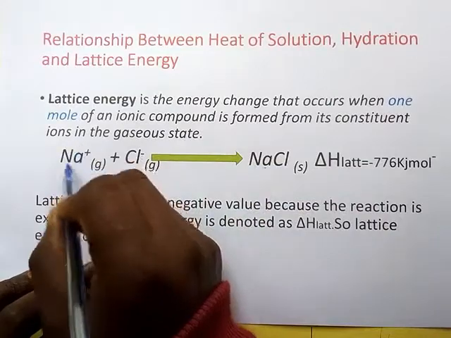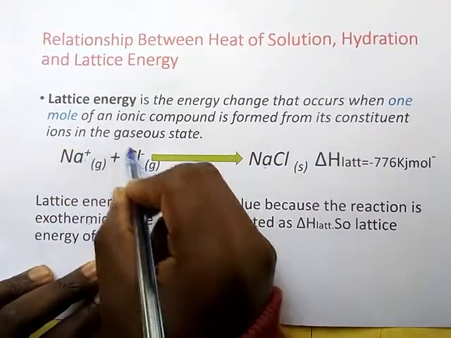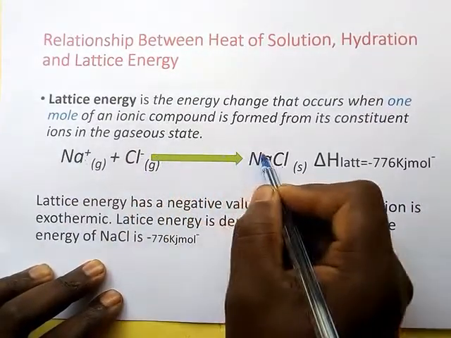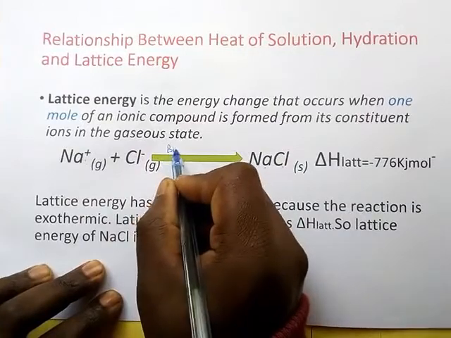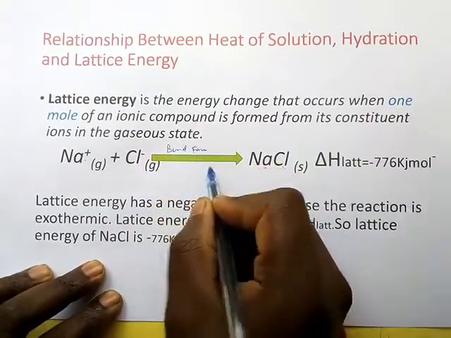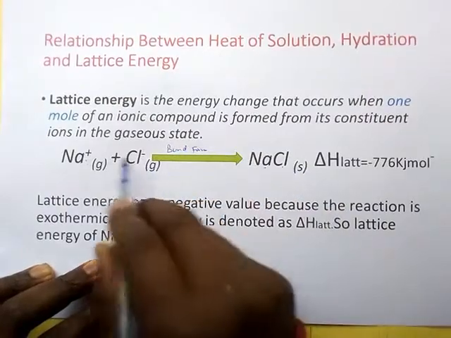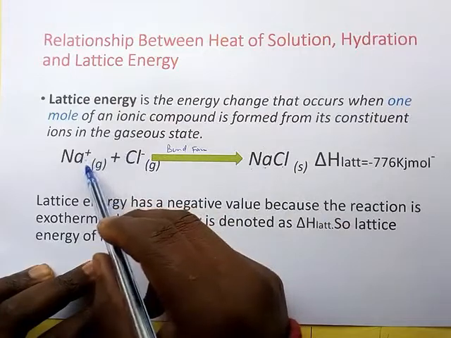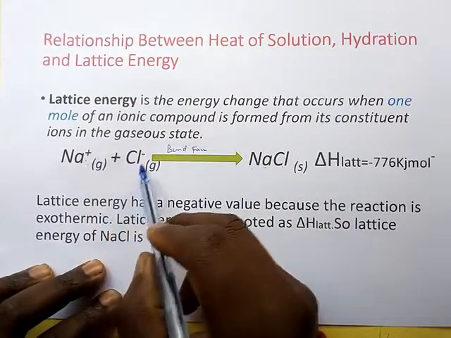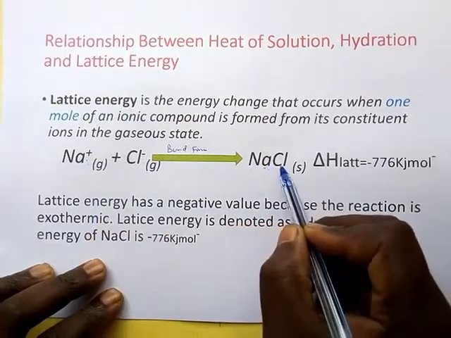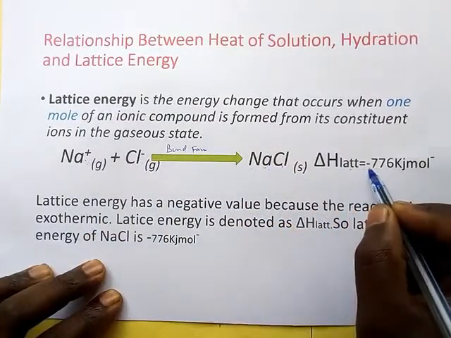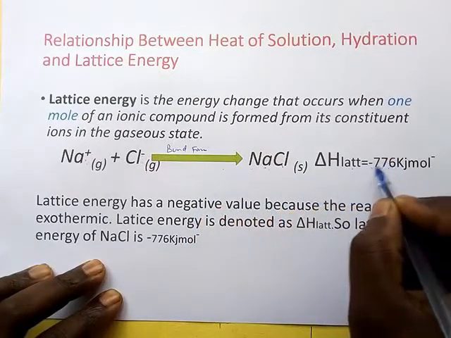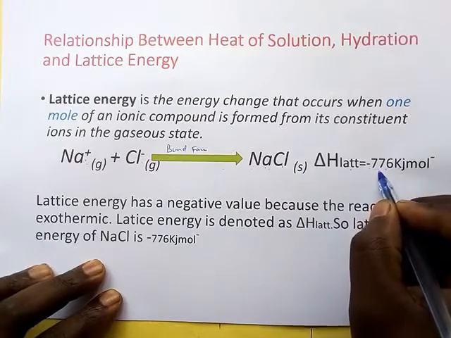They are combining to form sodium chloride. So is it bond breaking or bond formation? This one is bond formation. We have said that bond formation is exothermic. Therefore, lattice energy involves bond forming, because the ions here in gaseous form are combining to form sodium chloride, and that's why the lattice energy here is negative, because bond formation is exothermic. Therefore, the overall heat change is negative.